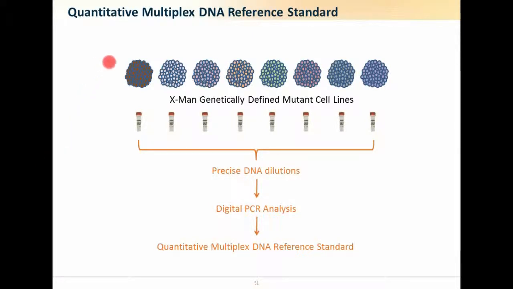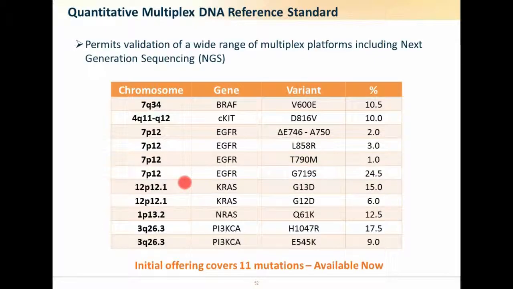What we have done is we've taken 8 of our genetically defined mutant cell lines and mixed them all together with precise DNA dilution. We mixed them at the DNA level to make a quantitative multiplex DNA reference standard, and then ran digital PCR analysis on this.